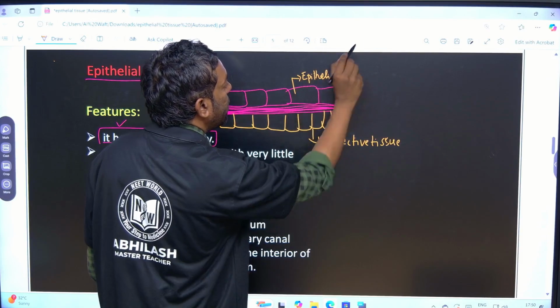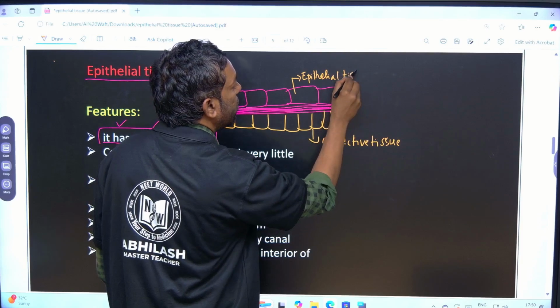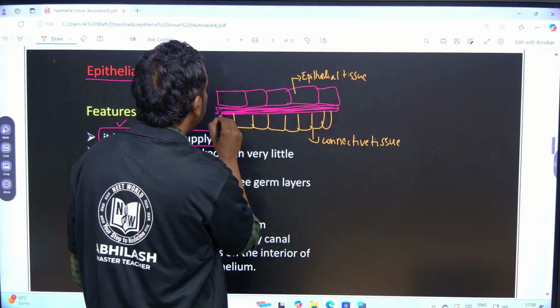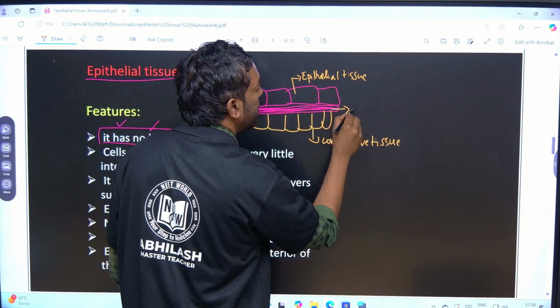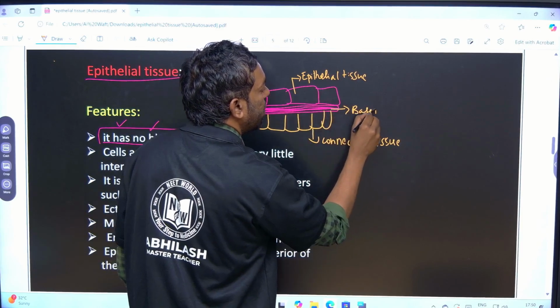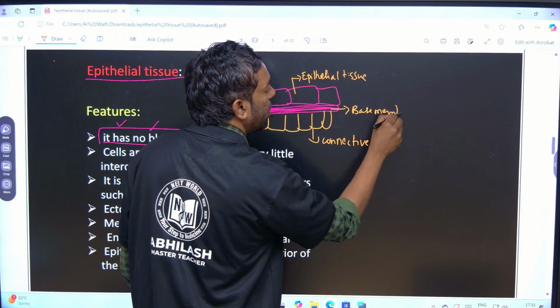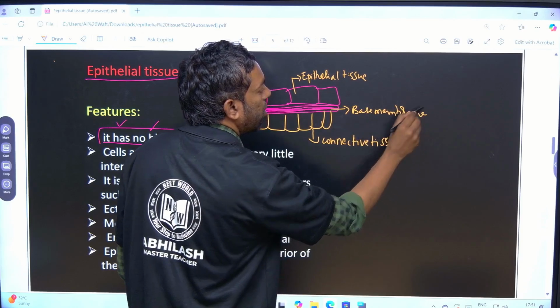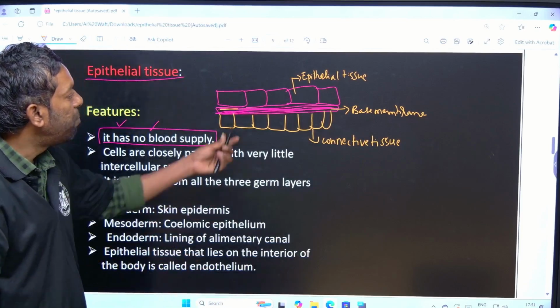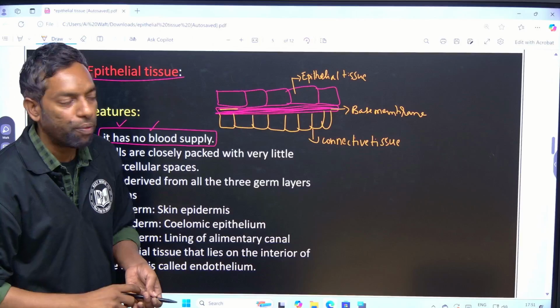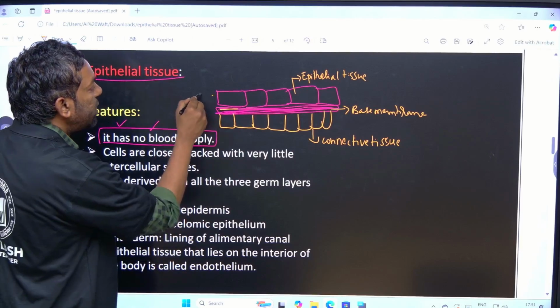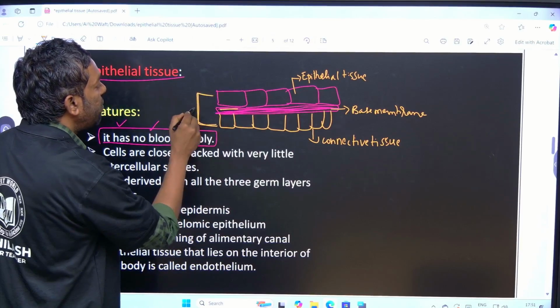Epithelial tissue, which sits on the base membrane. Epi means above. If we come to this, this is the structure of the skin.